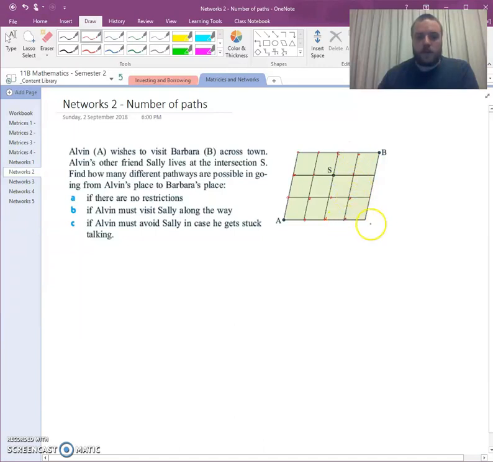The first thing we do in the number of paths algorithm, just if you haven't heard the word algorithm before, it's just a sequence of steps that we follow, is we number each vertex with how many different paths there are to get to it. So this vertex just here, there is literally only one way to go from A to that vertex. This one here, there is also just one way of getting to that.